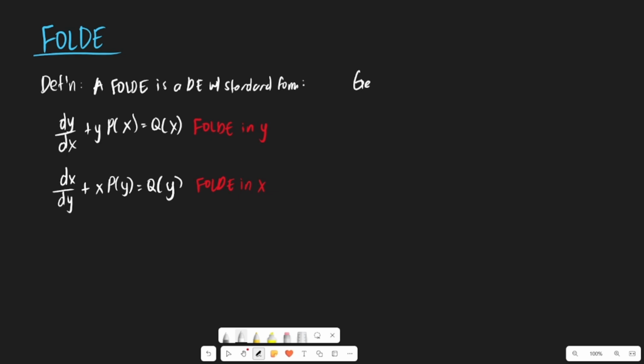So this is the general solution formulas. The first one is this one.